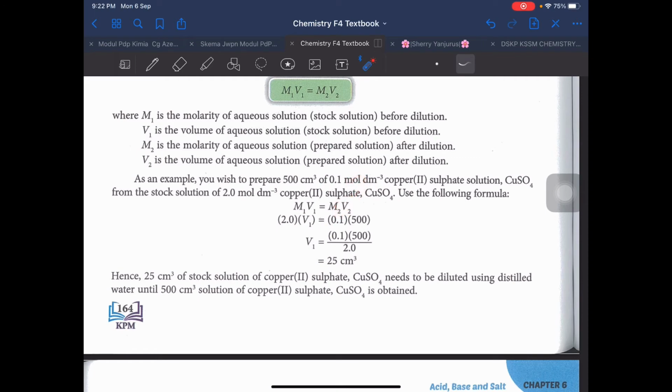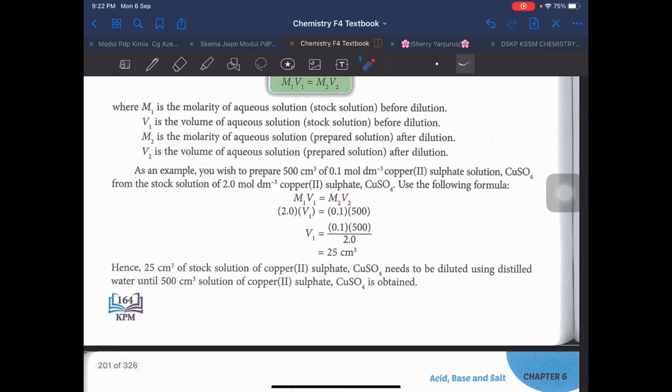That's the molarity. So, what is V1? Look at this. Okay, what you do is you need to kasih pindah this one here so that you can find the V1. This is basic maths punya jalan kerja. So you have 25 cubic centimeter.